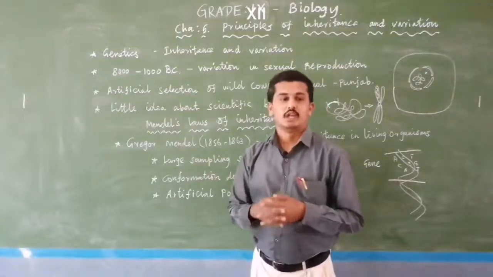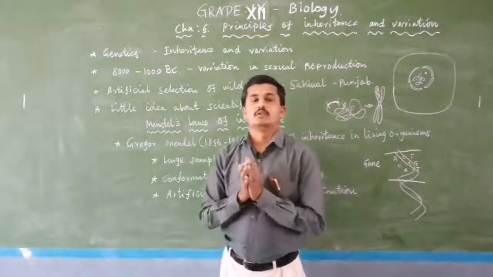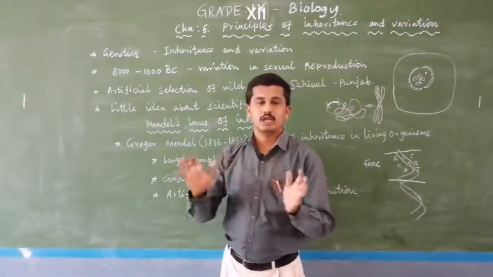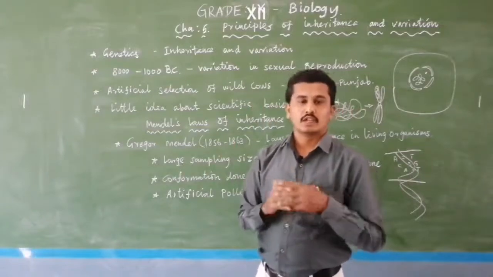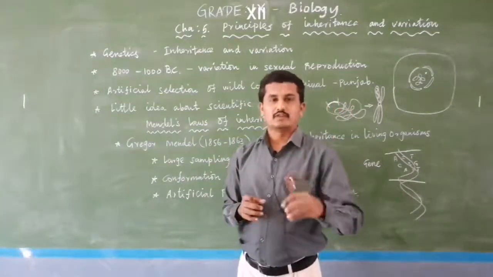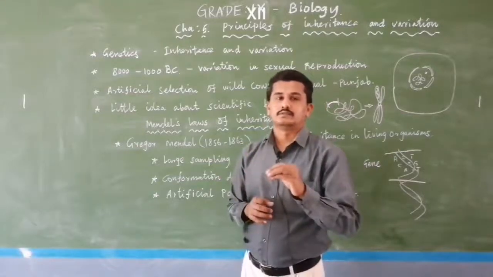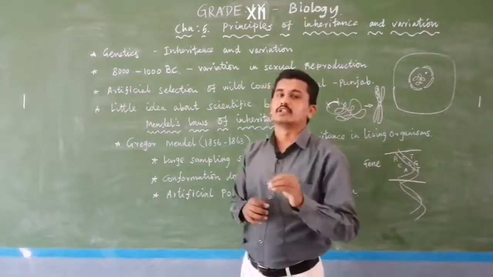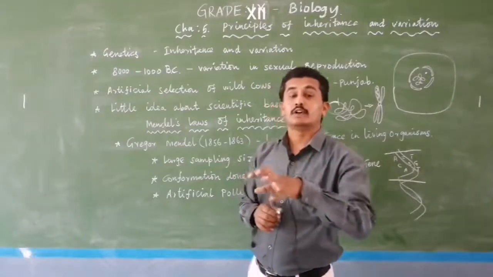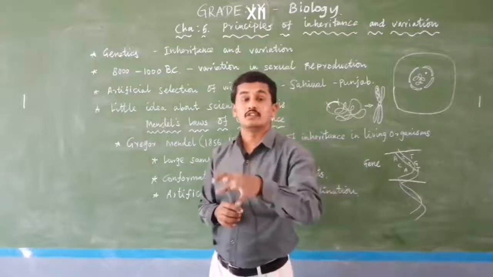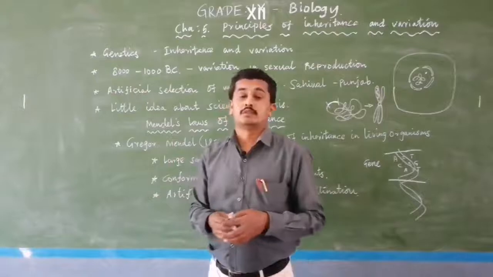For example, in a small buffalo group or a small cow group, say 20 cows are present. As a farmer, we normally know which cow produces more milk and which produces less, and which cow has more immune power and more disease resistant power.